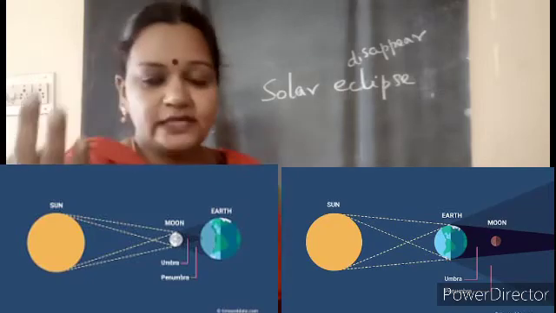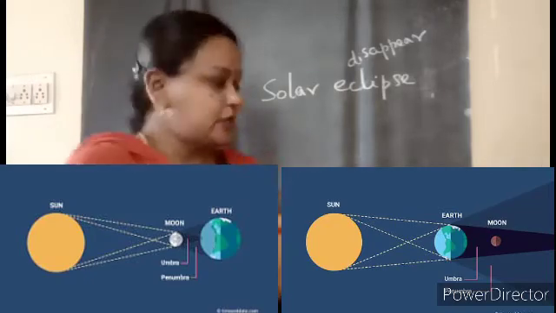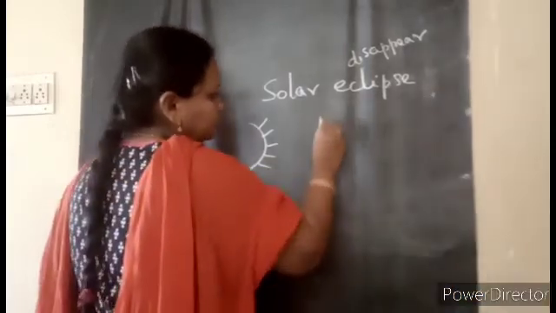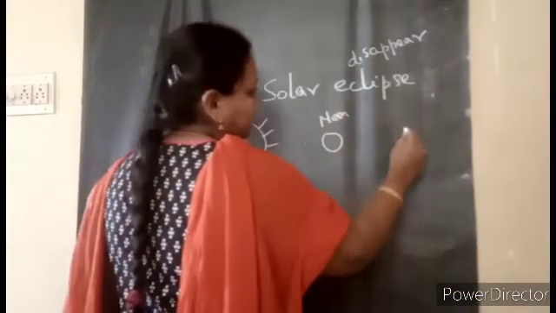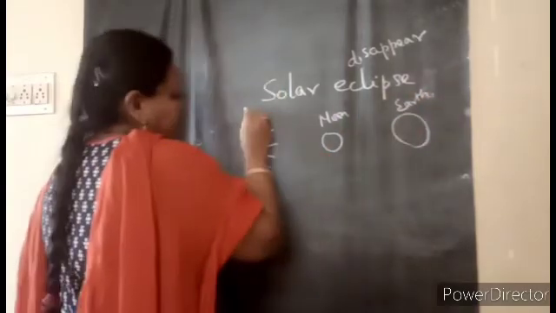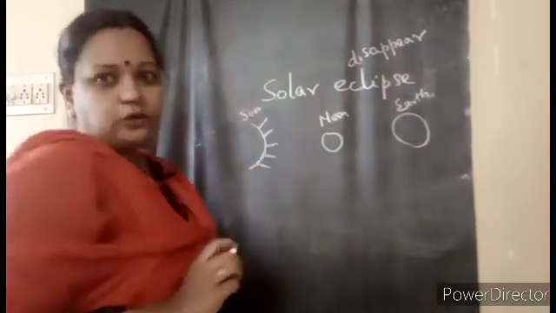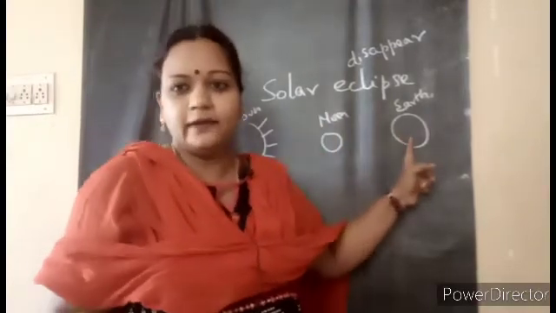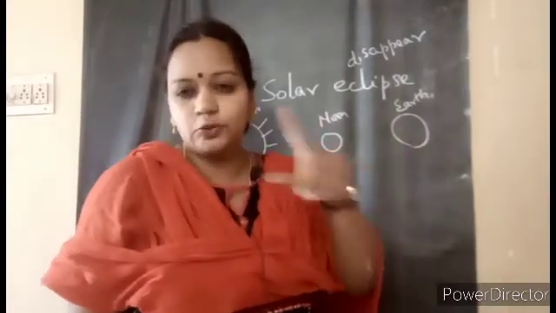So you know that three things are essential for forming a shadow. Here: sun, moon and earth. And you all know that to form the shadow, the source of light, opaque object and the screen should all be in a straight line.